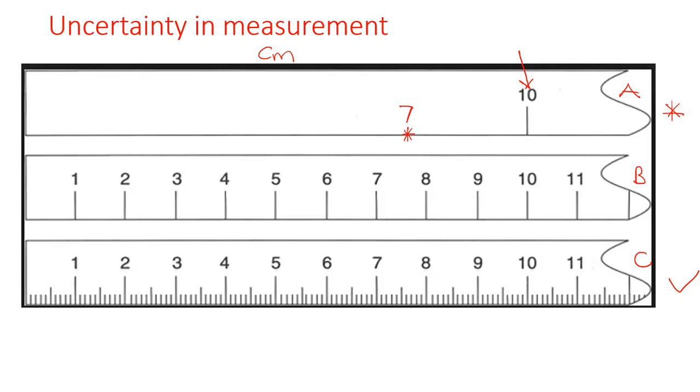And then you divide that smallest division by 10. So I'll say my smallest division is 10. I'll divide this 10 by 10 to get 1 as my answer. Which means this 1 is my uncertainty.